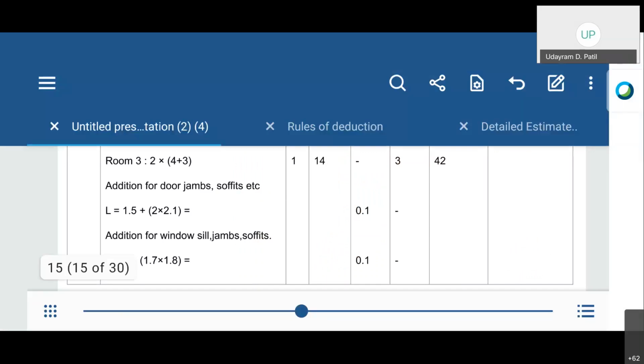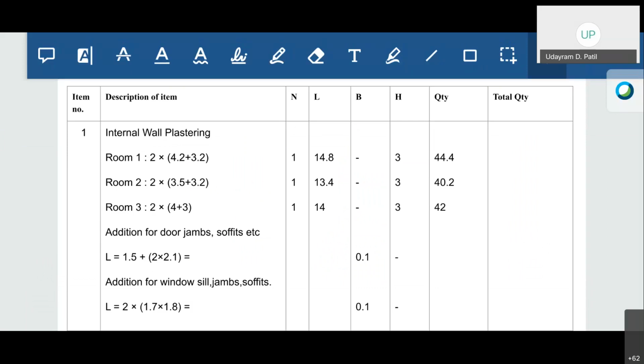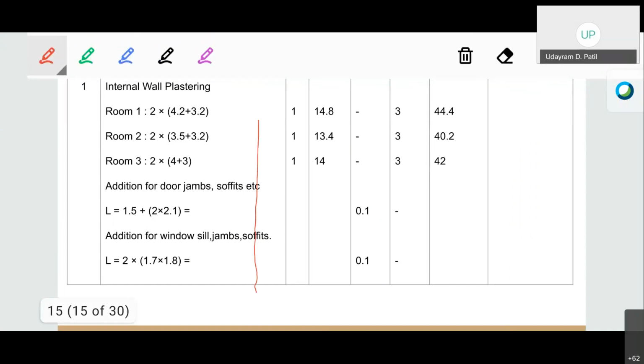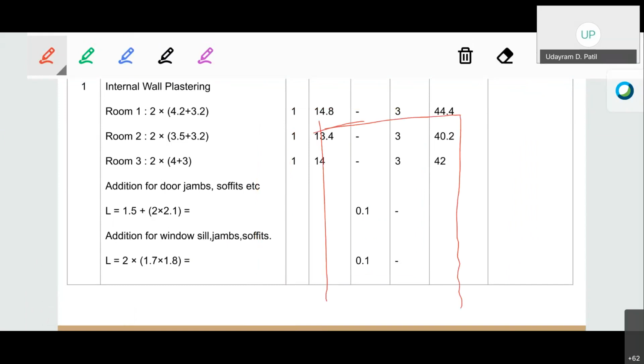So, addition for the doors, jambs and soffit, because this is only applicable where we have deducted both faces of the particular opening from the plastering. So the total length will be again, if you consider this particular door, where we are going to provide the plastering at the jambs and at the soffit.